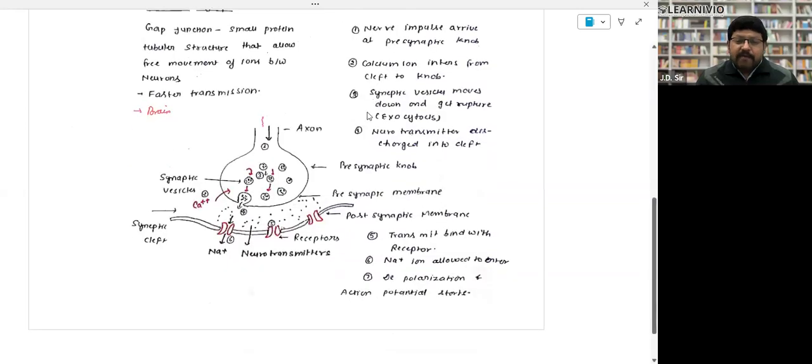Let me explain. Everything I have explained with the help of numbering. This is number one, this is number two. So the events are numbered in this note, right? The same thing I did over here to help you understand what will happen. First, the impulse will reach the last part of the first neuron, right?